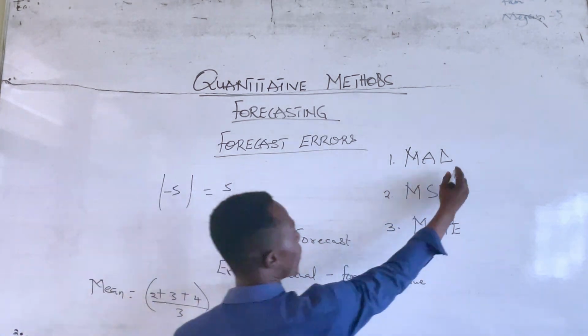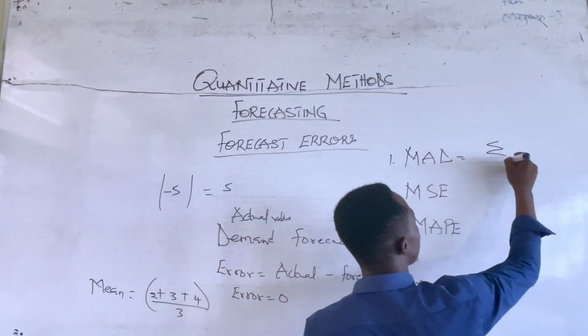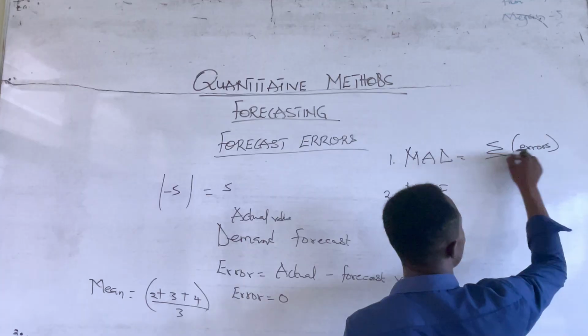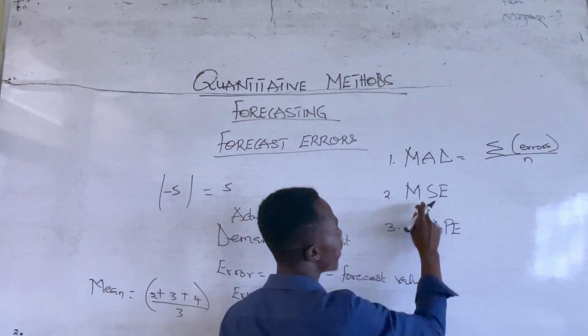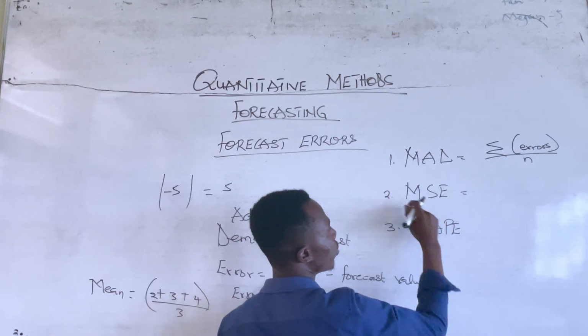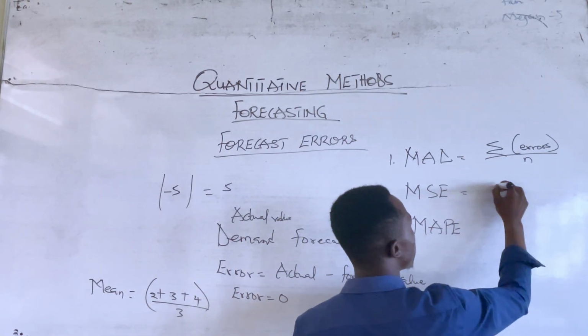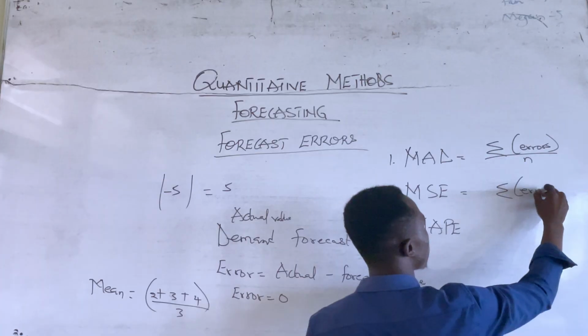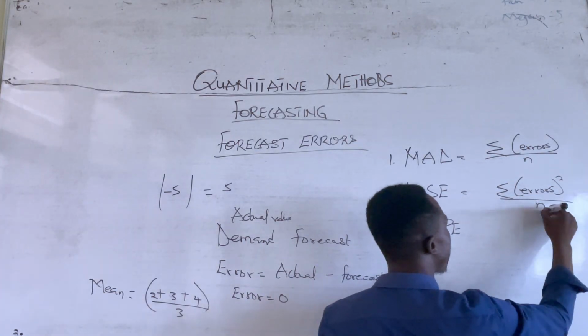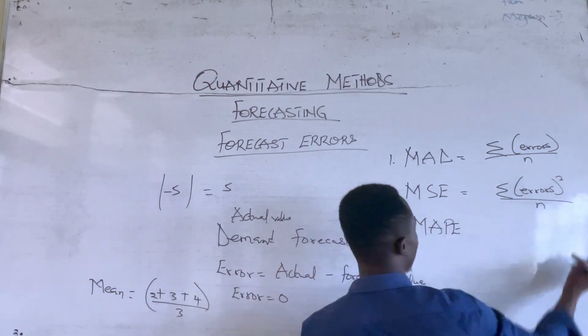Okay, so for this one, you take the summation of all the errors, then you divide by n. For this one, you find the error, you square it, then you do your summation of all the squared errors, then you divide by n. So you see the difference is just the square.